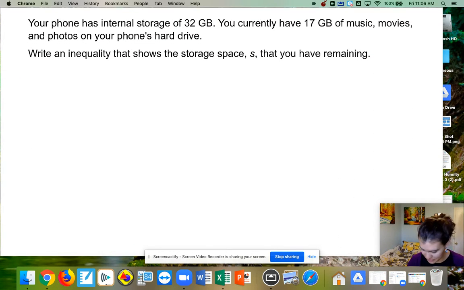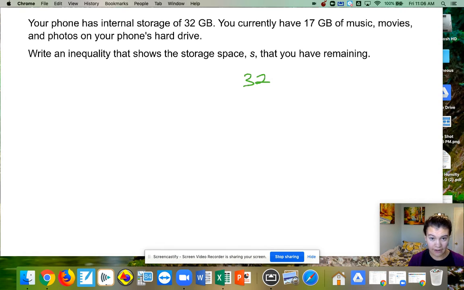So, some examples here. You have a phone that has an internal storage of 32 gigabytes. You currently have 17 gigabytes of music, movies, photos, apps, all that kind of stuff on your phone's hard drive. We want to write an inequality that shows the storage space S that you have remaining. So you know you have a total of 32, right?